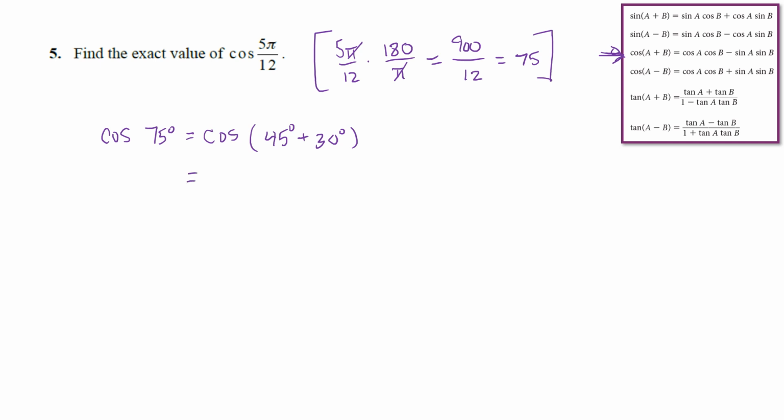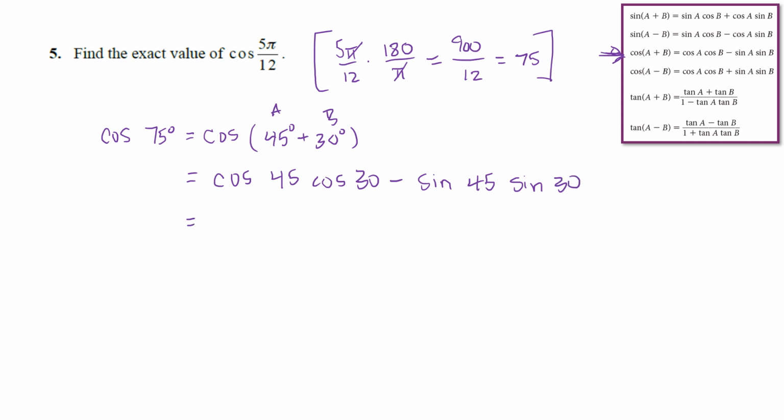So using that formula, I'll have the cosine of A, which is 45, times the cosine of B, which is 30. Since I'm dealing with cosine, my operation in the middle is the opposite. Then I have the sine of A, which is 45, times the sine of B, which is 30.